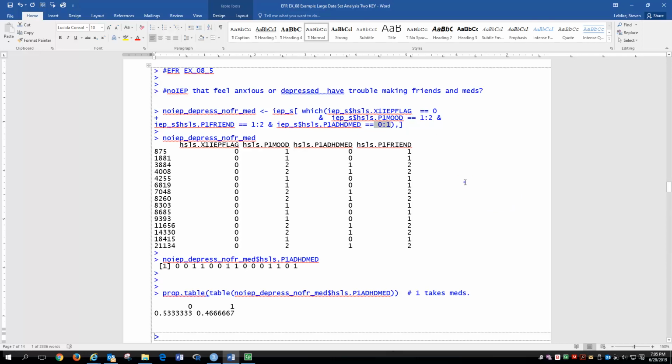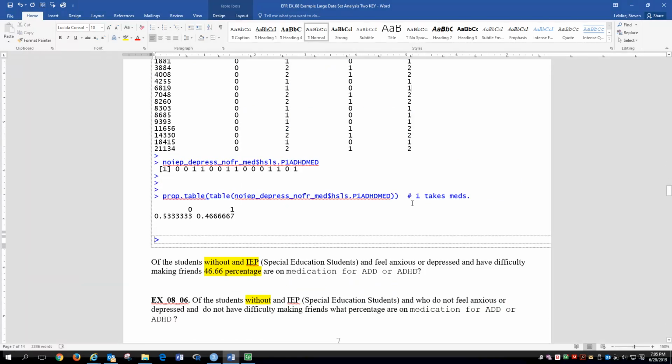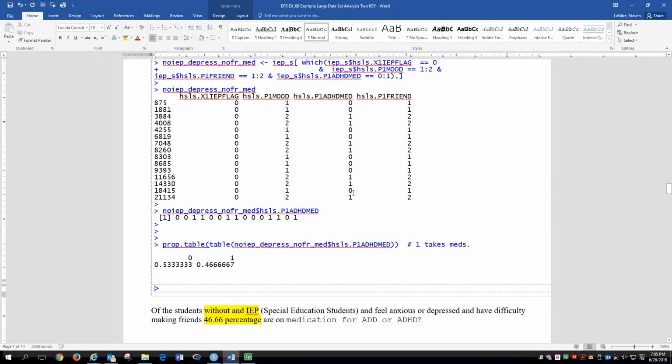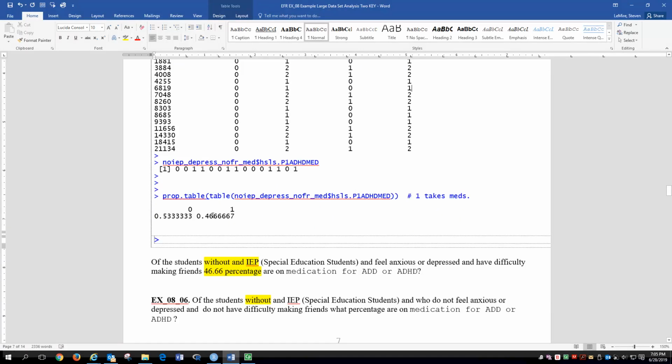So I can see, just get a small number. And the probability, so table takes meds. And so if I'm without an IEP with all those other conditions, what's the probability of taking meds?